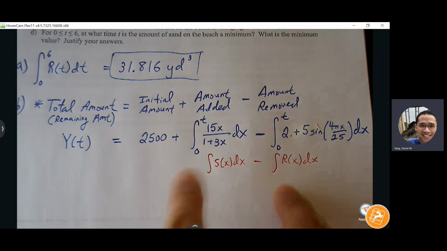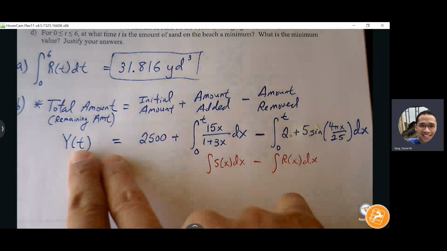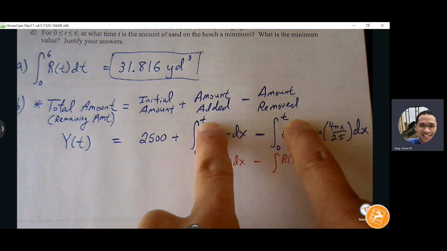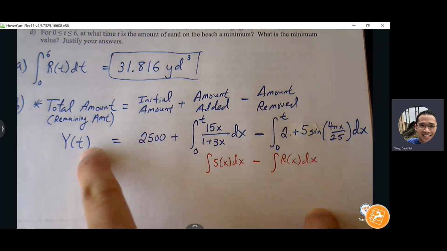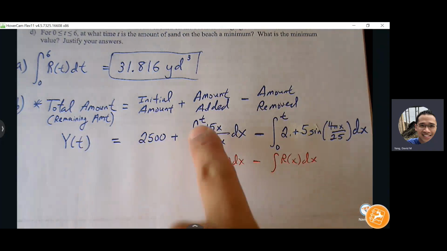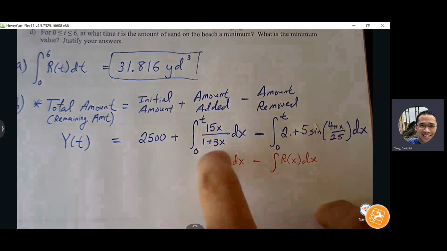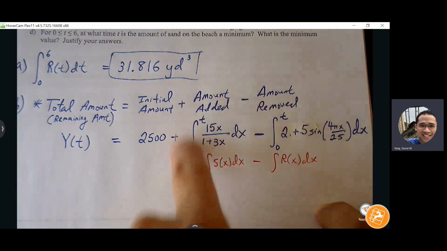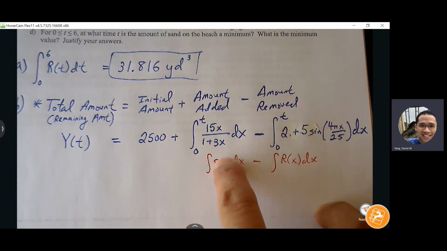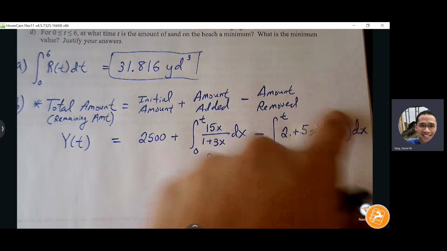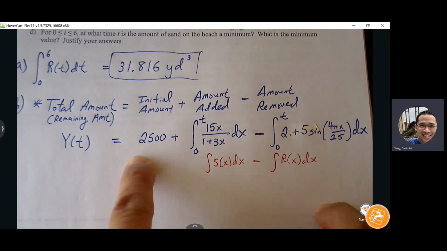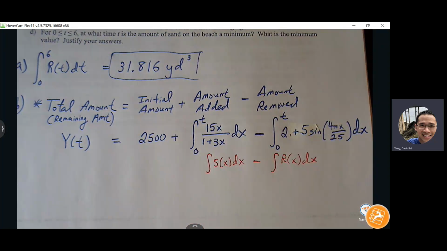So if I want to figure out how much sand there is 1 hour in, I can just put 1 in for t. If I want to figure out how much sand remains on the beach 5 hours in, I can put 5 in for t, and this will tell me how much has been added in that 5-hour period, how much has been removed in that 5-hour period, plus however much I have to begin with, and that will give me my amount at that time.